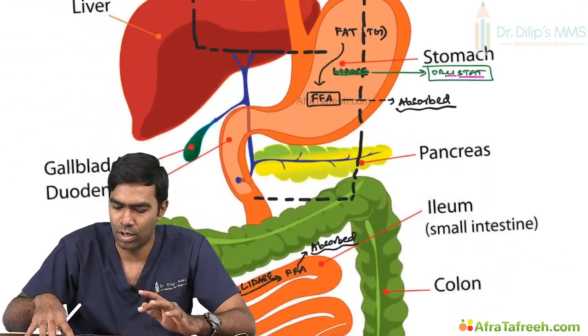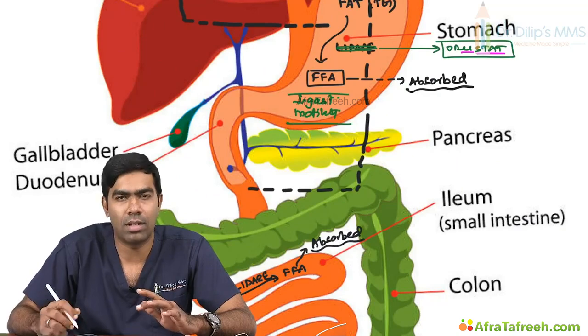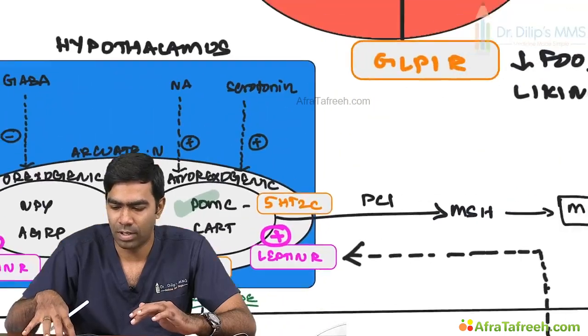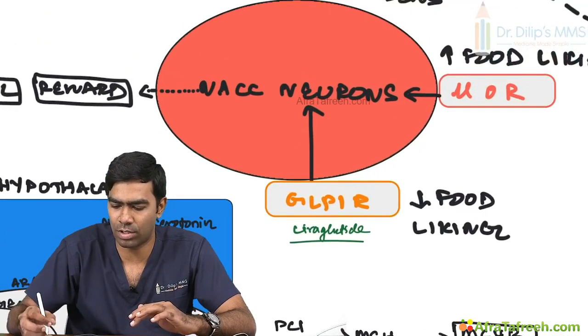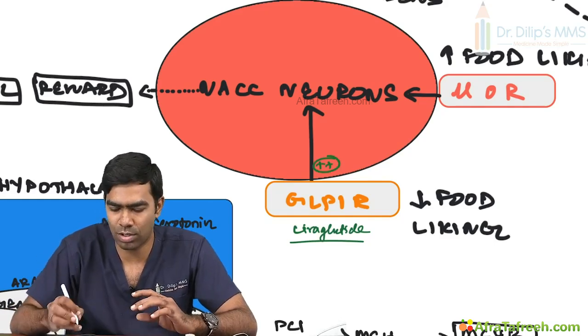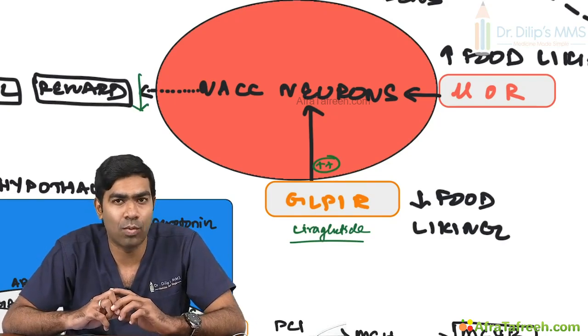They can also work on the stomach and reduce gastric motility, thereby augmenting the satiety effect produced by the central mechanism. And similarly, they can also work on the nucleus accumbens. I told you liraglutide stimulation or GLP-1 receptor stimulation in the nucleus accumbens neurons is going to reduce the reward and reduce the liking and the wanting for the food.